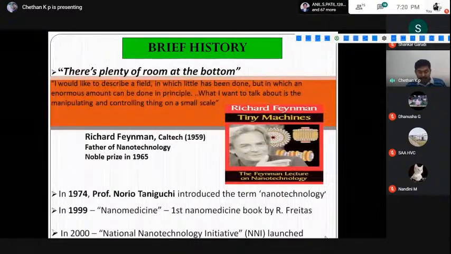Richard Feynman is the scientist who proposed for the first time, in the year 1959, the concept of nanotechnology. And in the year 1965, he got the Nobel Prize.